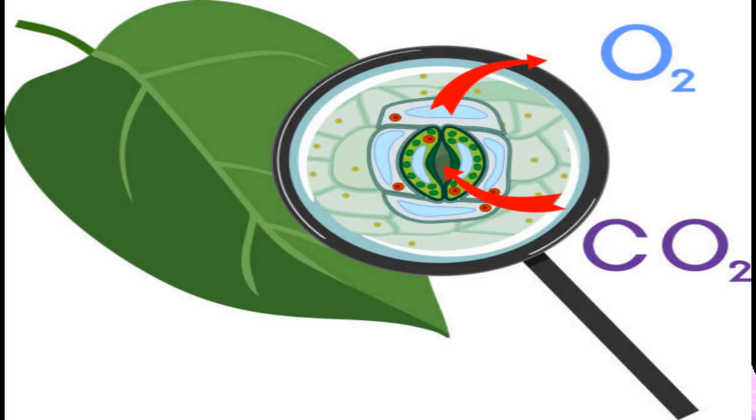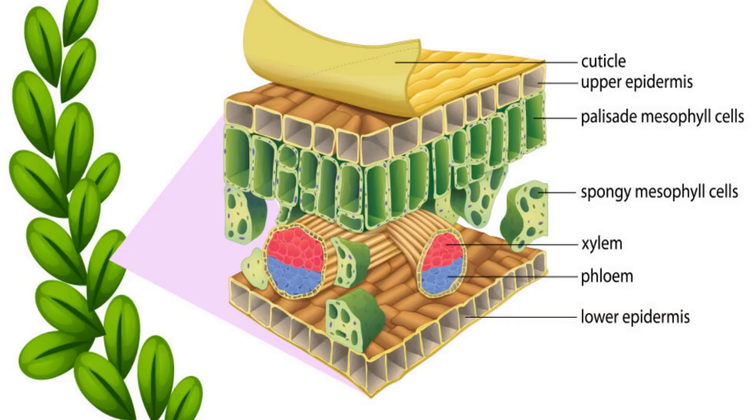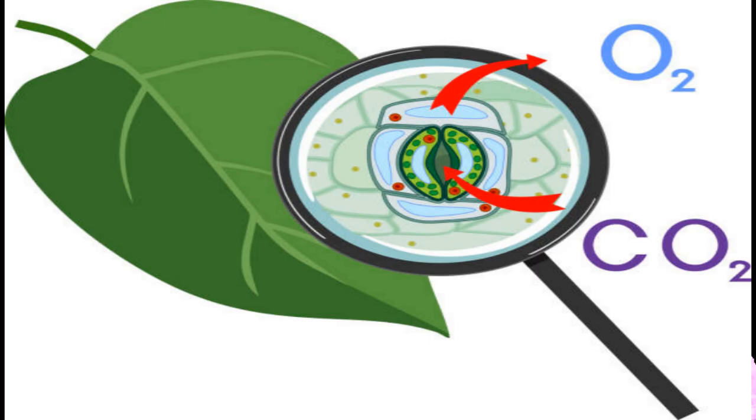Leaves have a protective covering called the epidermis, which reduces water loss but contains tiny openings called stomata. Each stoma is bordered by two guard cells that control its opening and closing.